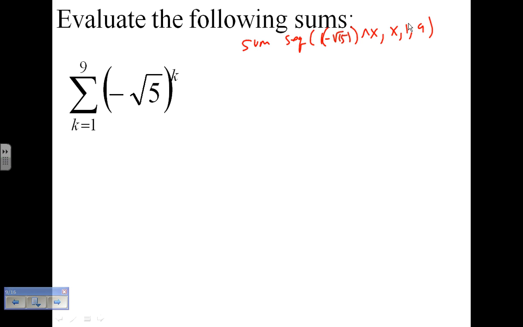Y equals, let's see. I'm going to type it out with you since I don't have these already done. Math, list, sum, and list, sequence, then your equation, then your variable.